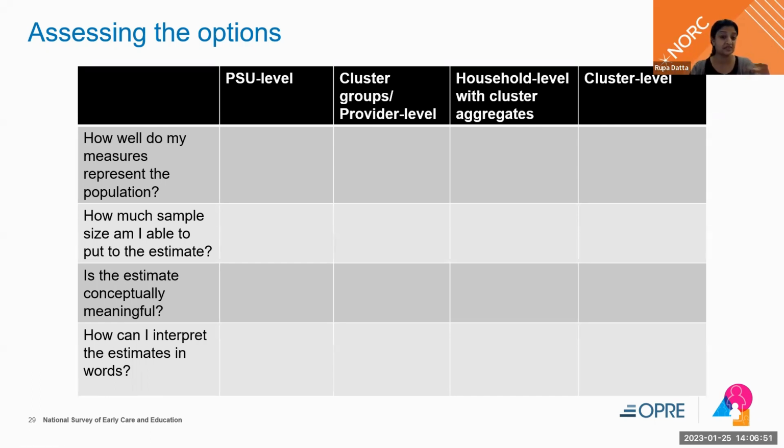How many observations would I actually have in my analysis? Would the estimate be conceptually meaningful? This could include statistical inferences. And then how would I actually say in words what the relationship is that I've measured? So we're going to spend about 15 minutes trying to think through the advantages and disadvantages of these collapsing options in bringing together household data with provider data.